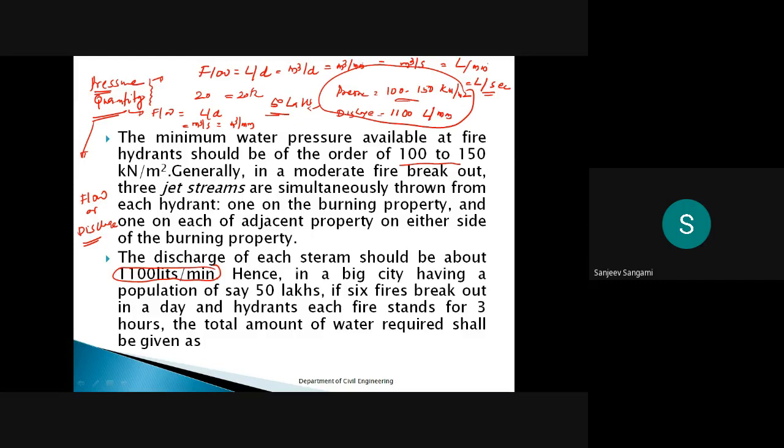Hence, in a big city having a population of 50 lakhs, suppose six fire breakouts have happened in a day. Assume that one house is there, second house, third, fourth, fifth, sixth.